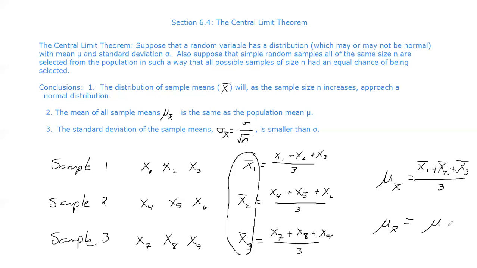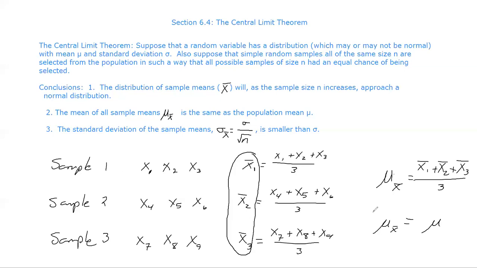So this mu of x bar, if I have all of these sample means that I'm calculating for all of the large number of samples that I have collected, then the average of those sample means is going to be a mean of means, and it's going to get this notation.